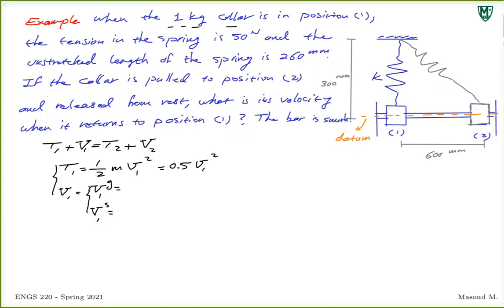We have two sources that can store potential energy, or add to the potential energy of this collar. Now, assuming that's my zero potential at point 1, what would be the potential energy due to gravity for that collar?